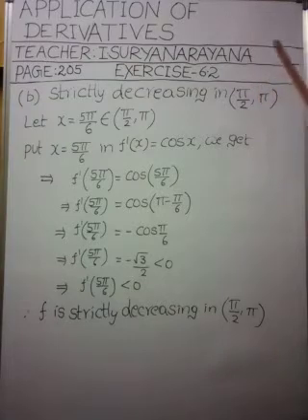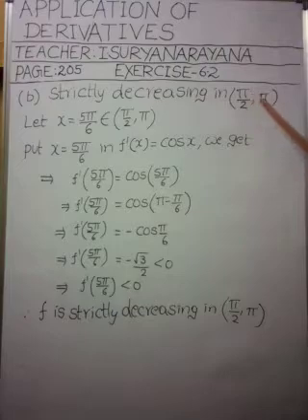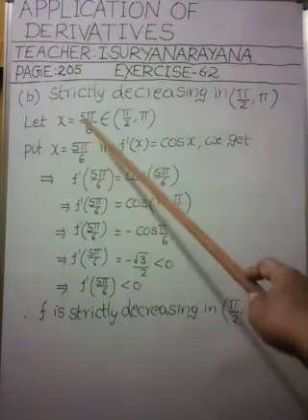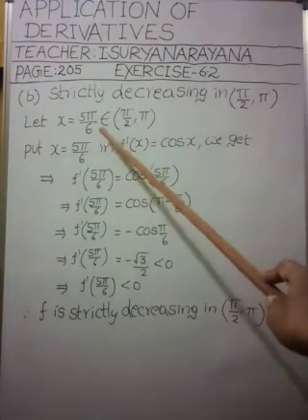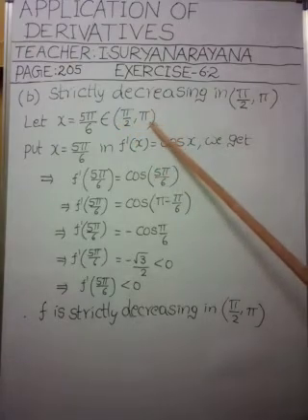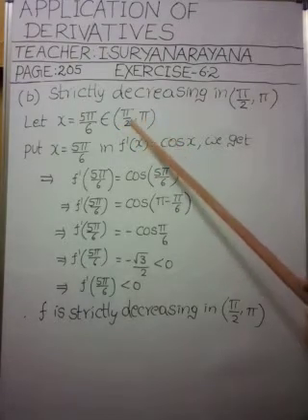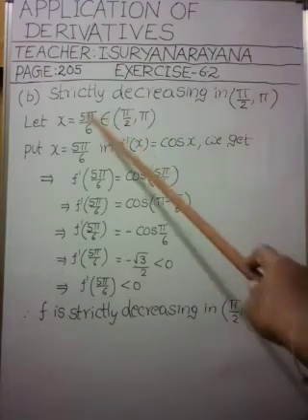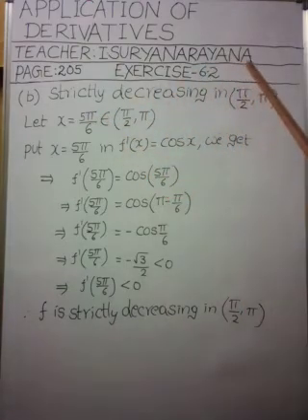We have to choose a number from this interval, between these two numbers. I have chosen x is equal to 5 pi by 6. This angle lies in the interval pi by 2 comma pi, between these two angles. Isn't it, my children?